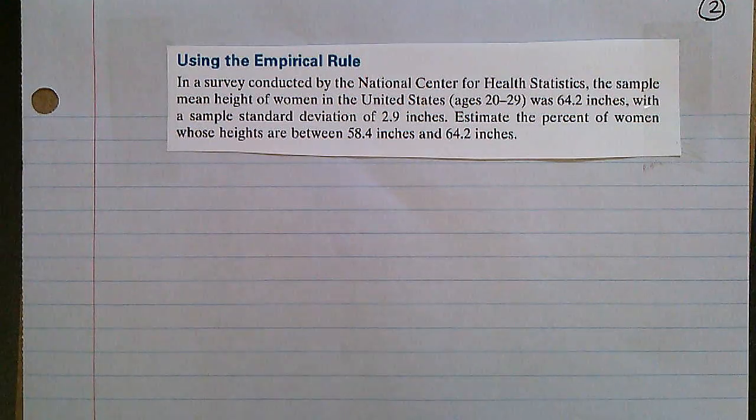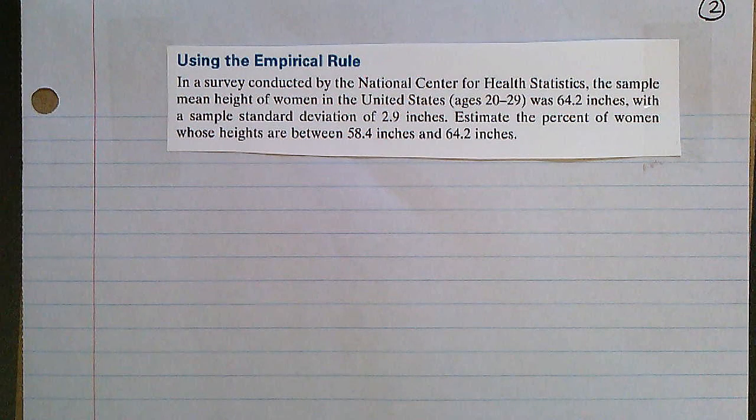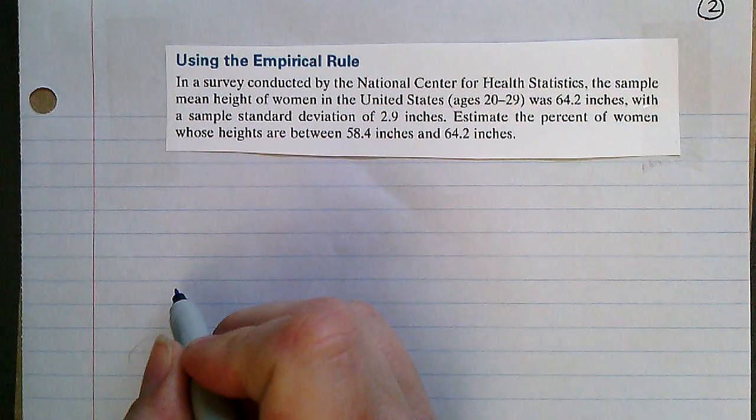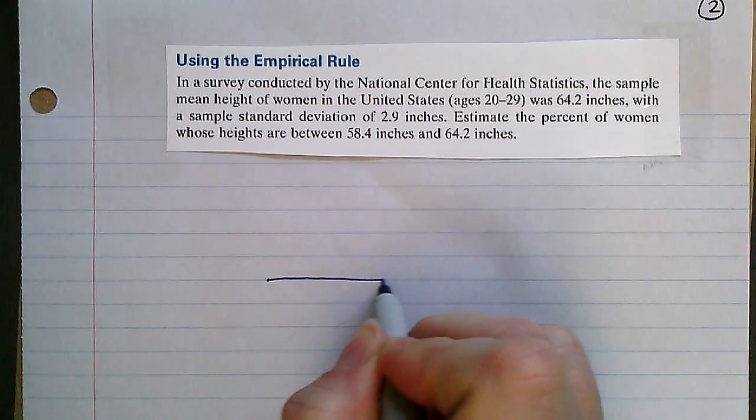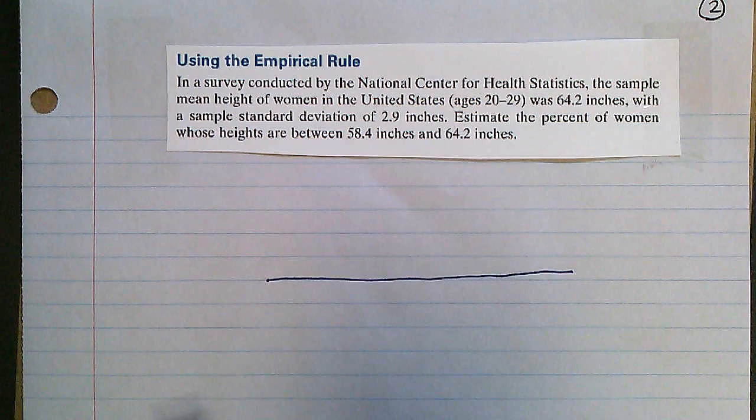So what we'll do is draw ourselves a little symmetric distribution, because it doesn't specifically state it in here, but I can tell you that the height of humans does follow that symmetric bell-shaped curve. So we'll sketch a little sketchy sketch of that, and we're going to start labeling the mean and then some standard deviations.